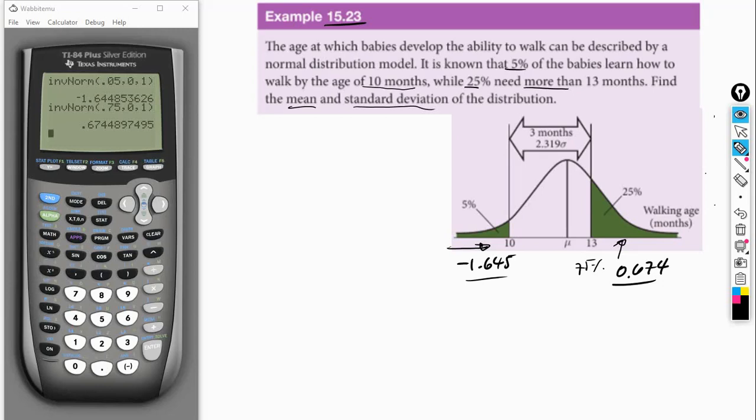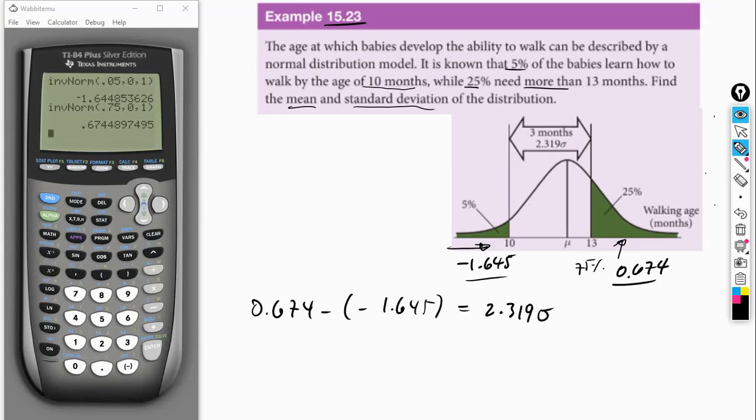So if you have negative 1.645 standard deviations at 10 months and 0.674 standard deviations at 13 months, then the difference between them is 0.674 minus negative 1.645, which is 2.319 standard deviations.